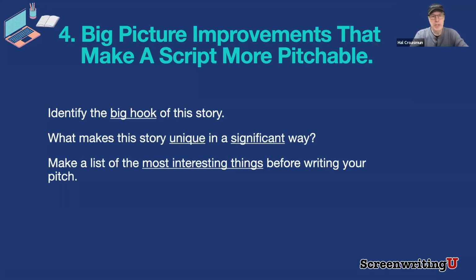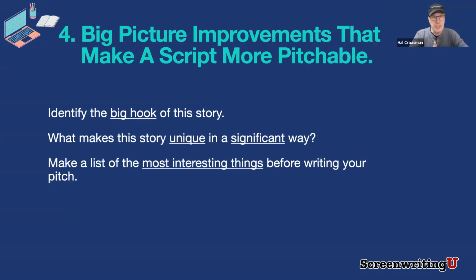Also, the other thing I would do is go through and make a list of the most interesting things in your story before you end up writing your pitch. My experience has been, with my stories and with a lot of writers, that if you've just finished writing your script, you've written 100 to 110 pages plus or minus.